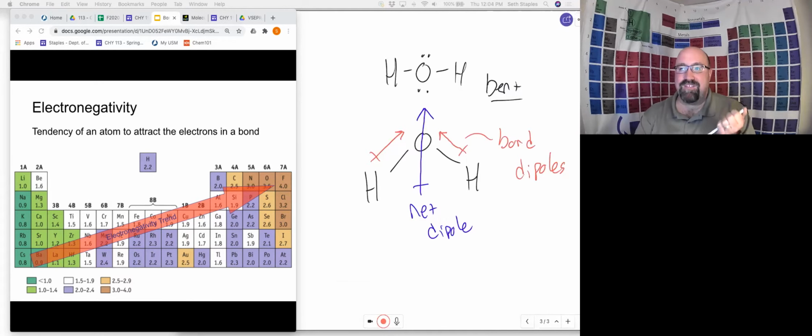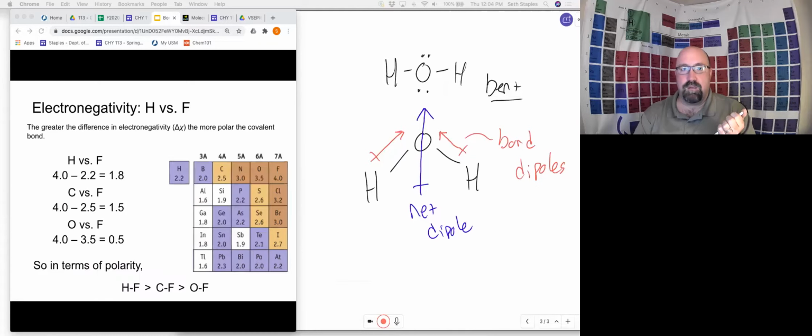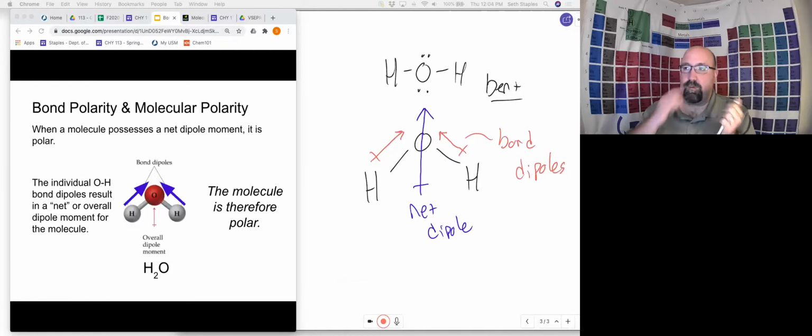And so we make a distinction then between bond polarity and molecular polarity, because there will be cases where we're going to have bond dipoles, but we won't have a net dipole. Let's take a look at that.